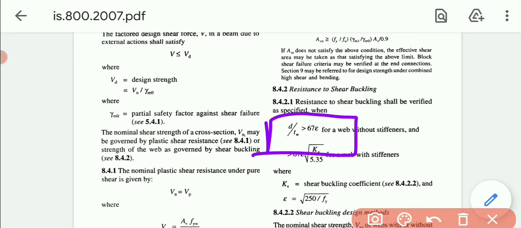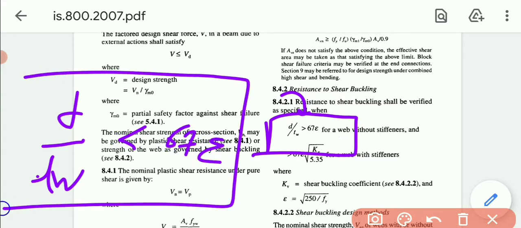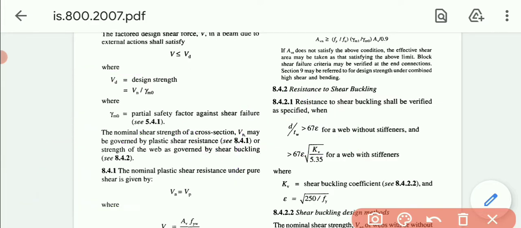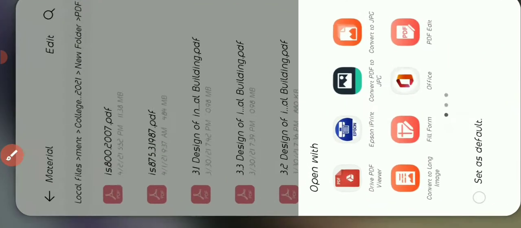But the plate girder is quite a large section compared to the gantry girder section. We were taking this criteria in the plate girder, d by t_w should be greater than 67, but in our case the d by t_w ratio should be less than 67 epsilon, as the gantry girder design is not as large compared to the plate girder.